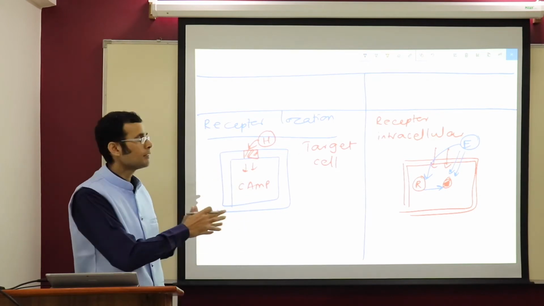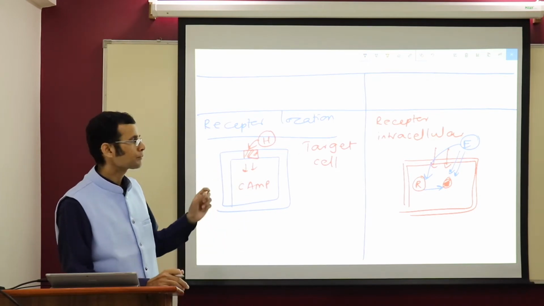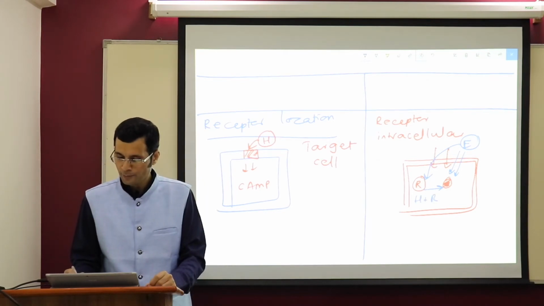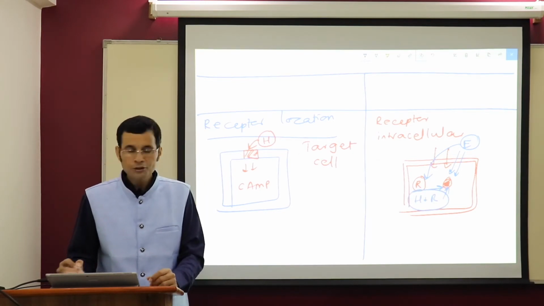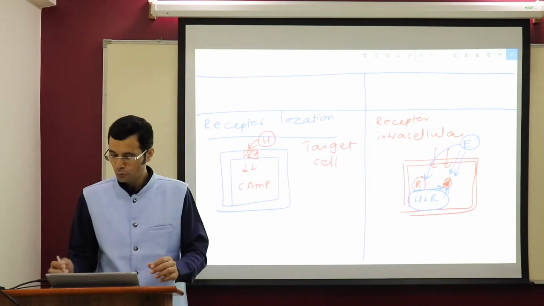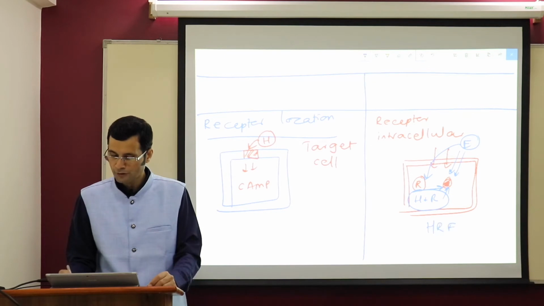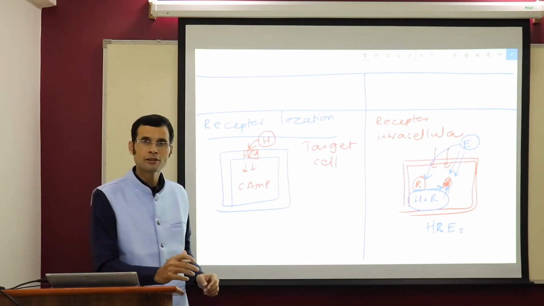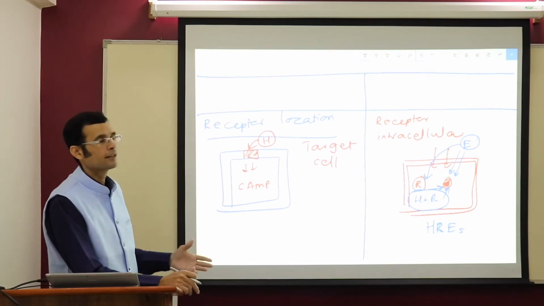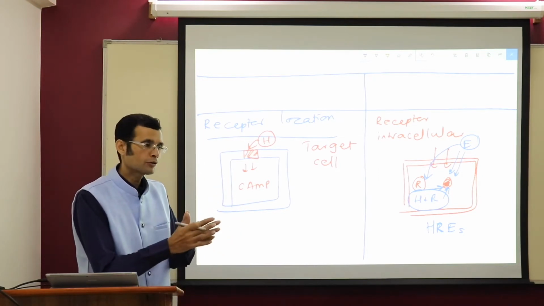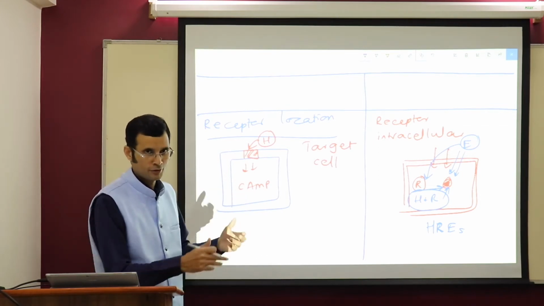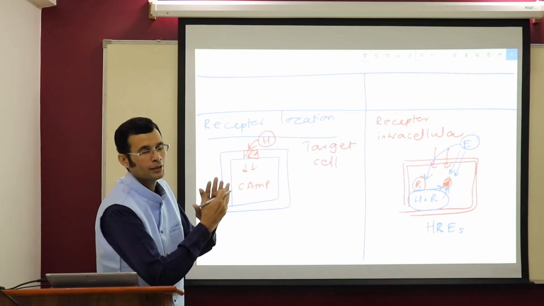Or if it has combined with that primary receptor, then the hormone receptor complex will enter the nucleus, and they will bind to the so-called hormone response elements inside the nucleus. So attaching to the specific strands of the DNA, that's how they will cause protein synthesis. They will induce DNA transcription, and new proteins will be synthesized.